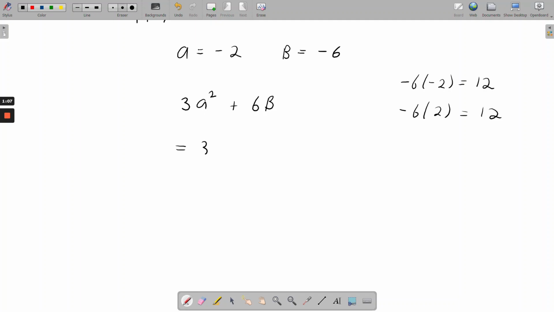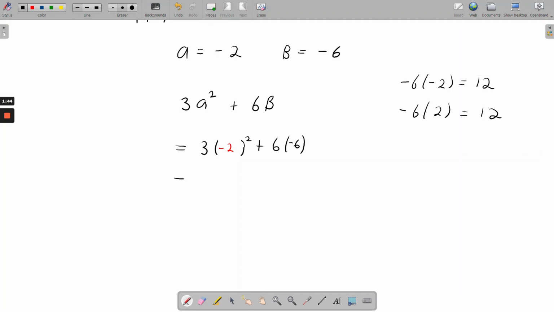So anyways, we go back in here, we'll put these in. So you've got 3. We're going to add in our square now. We'll add in a in 1 second, and then we're going to get plus 6b. We add in b then here. So for this one, you're going to get minus 2 squared, and then you're going to get plus 6 times minus 6. Actually, if you're putting this in a calculator, you should put the squared sign outside the bracket around the minus 2.